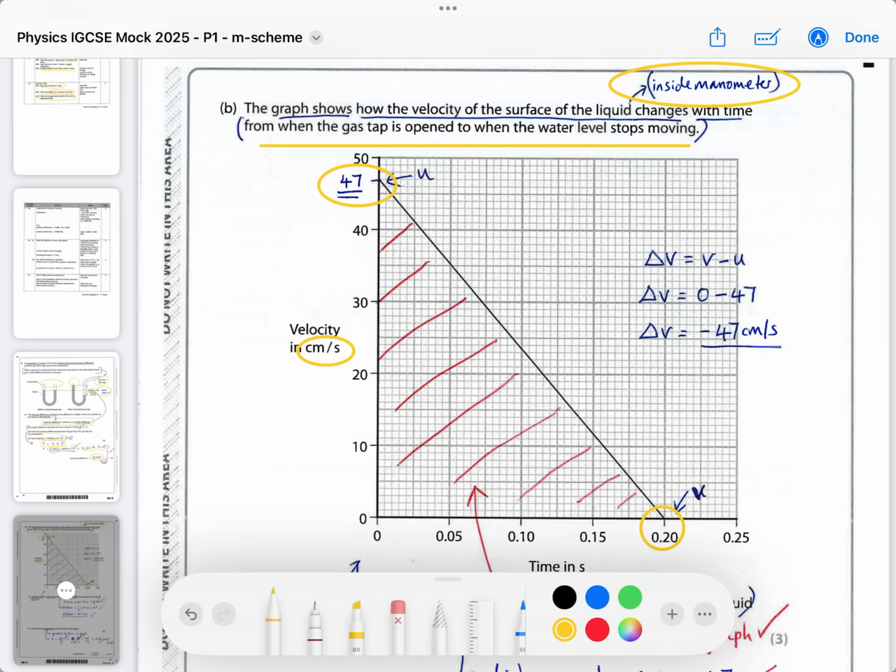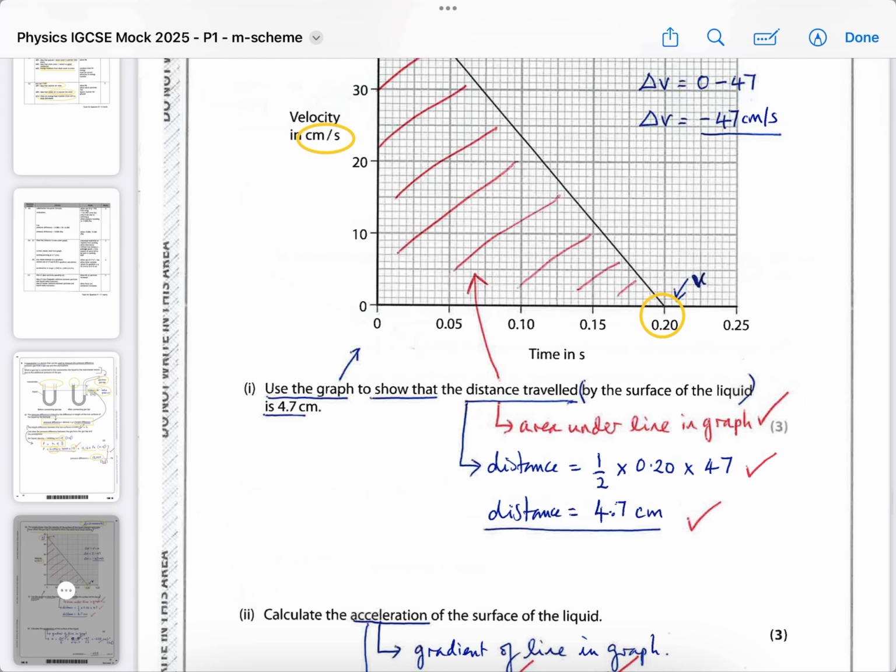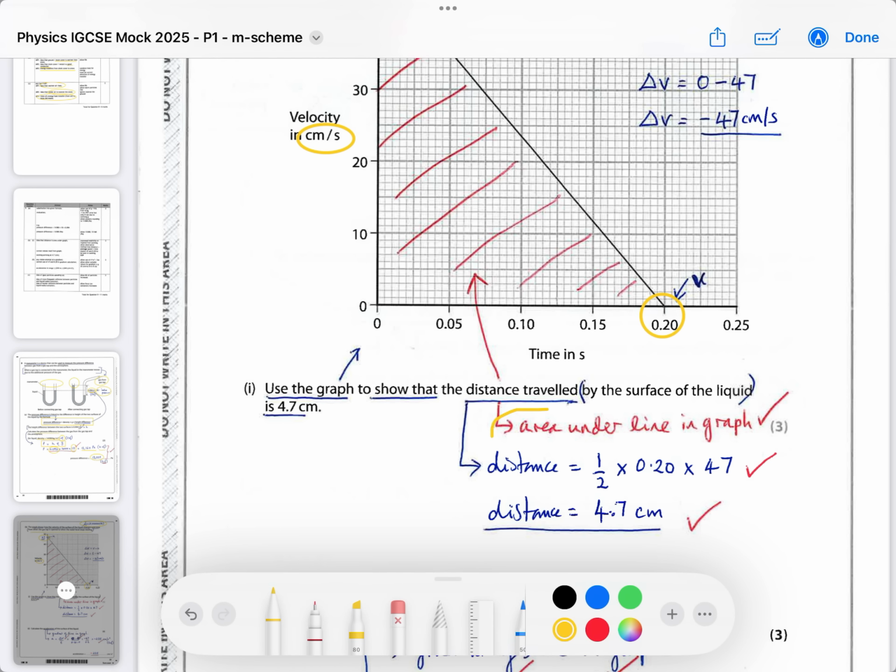So what they want us to do is they've basically given us a velocity time graph, and the first question is they want you to work out the distance traveled by the surface of the liquid. Well, the distance traveled from a velocity time graph is always the area under the line, yes? So it's the shaded area as I've shown in red, okay?